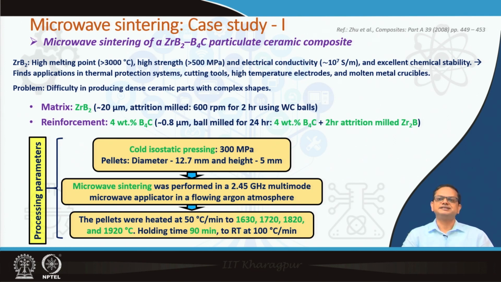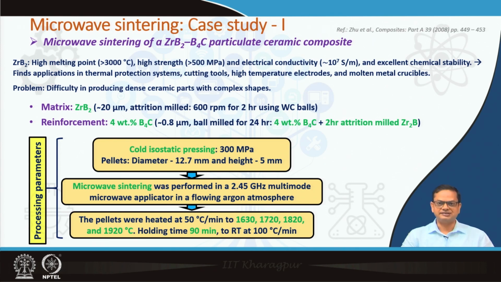Once the powder mixture is prepared, the next step is cold isostatic pressing, so green compacts are prepared at very high pressure. Cold isostatic pressing means the powder particles are compacted heavily, however, they are not sintered.